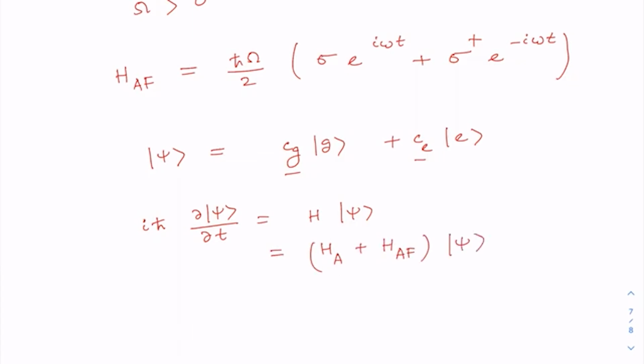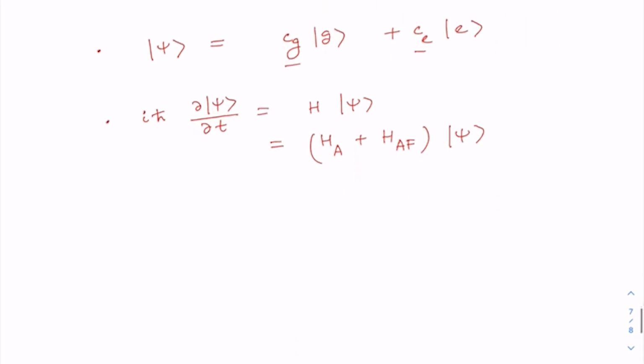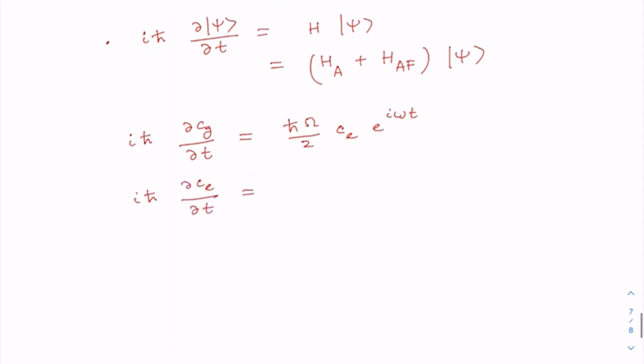Now if I use this state and then use this Schrodinger equation, we can obtain coupled differential equations for these coefficients. We have iħ ∂Cg/∂t is equal to ħΩ/2 Ce e^(iωt), and iħ ∂Ce/∂t is equal to ħω0 Ce plus ħΩ/2 Cg e^(-iωt).